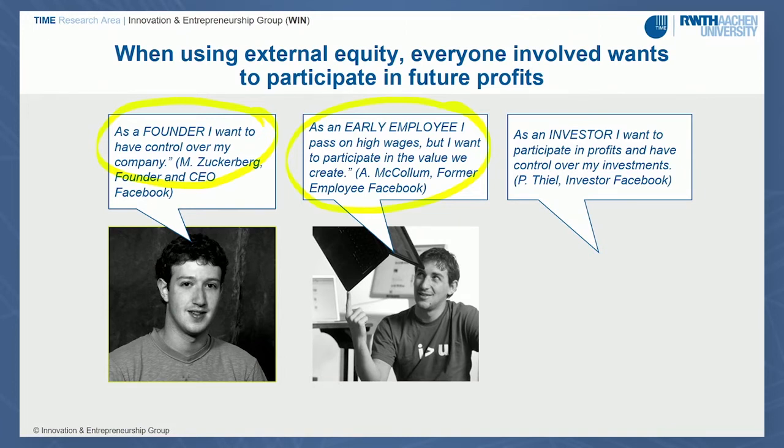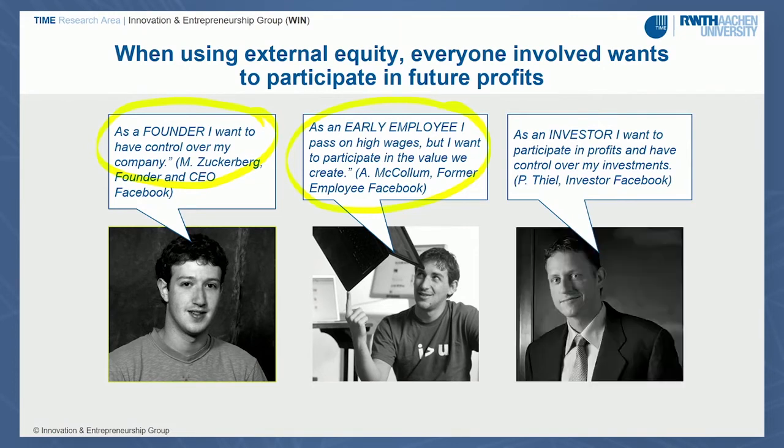That's very entrepreneurial, because if he creates a lot of value, he can participate in a much better way than with just wages, depending also on the employee and his perception of risks. And Peter Thiel, one of the first investors, said, as an investor, I want to participate in profits and have control over my investments. So control is most important for Mark Zuckerberg. Profits and control is important for Peter Thiel. And Andy McCollum is somewhere in between.